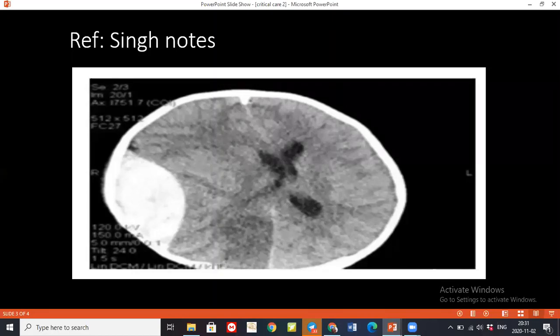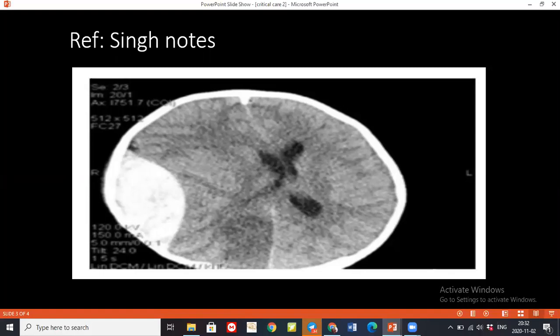Can you tell me if you can do a lumbar puncture in this patient? No, ma'am, because there is a risk of herniation and coning of the brain. Very good. Can you tell me what comprises Cushing triad? Cushing triad is comprised of systolic hypertension with bradycardia and irregular respiratory pattern.